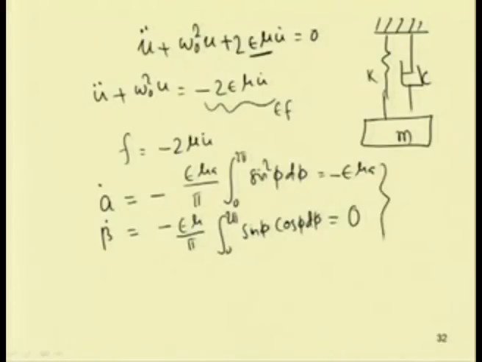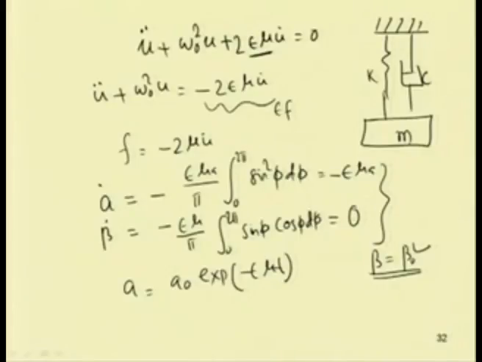So, a dot equal to minus epsilon mu a, and one can write a equal to a 0 e to the power minus epsilon mu t, and beta dot equal to 0. So, beta will be a constant, beta equal to beta 0.